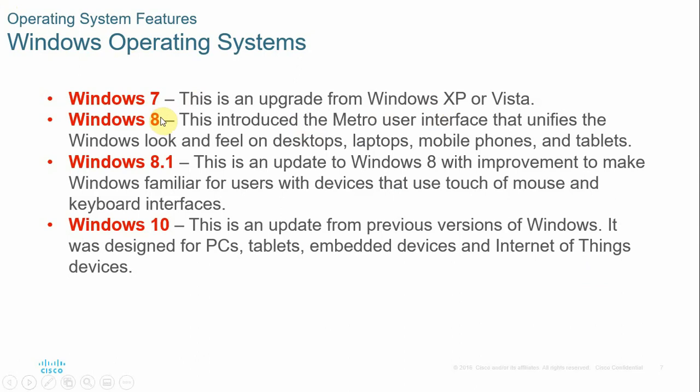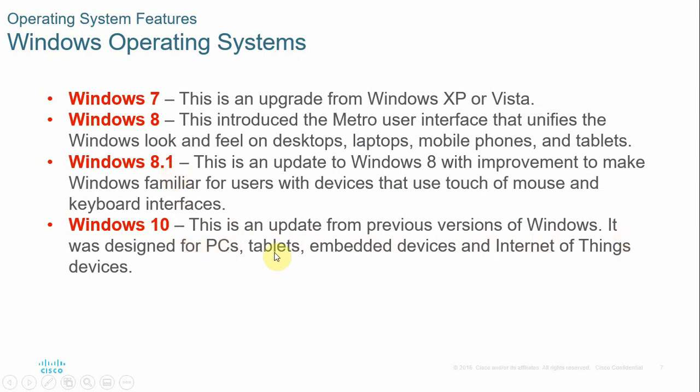Then we had the tile concept, which looks very good on desktop, laptop, and mobile devices, in Windows 8, and some advanced features in 8.1, and then we moved into Windows 10, an update from previous versions like 8.1.